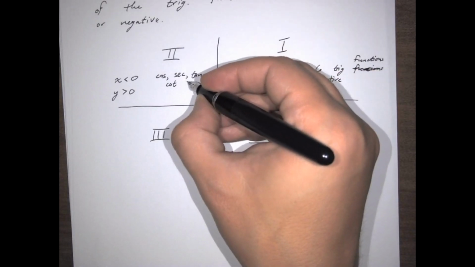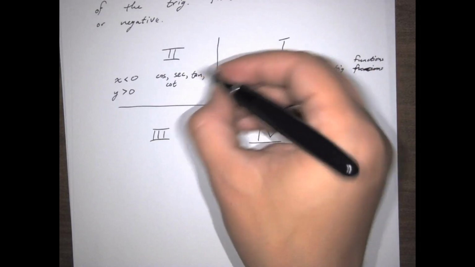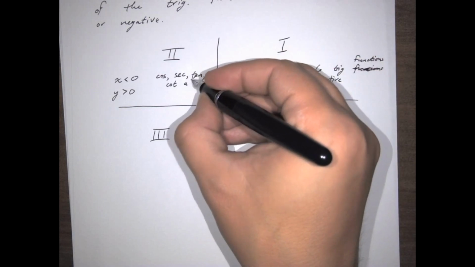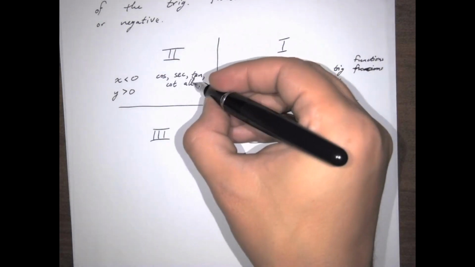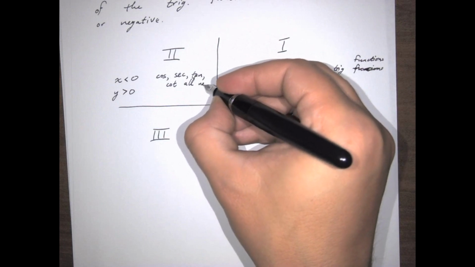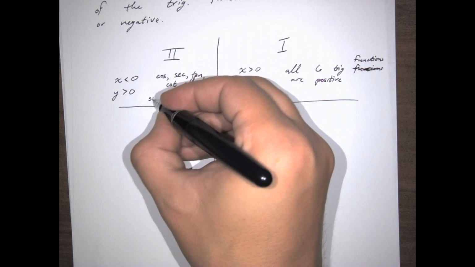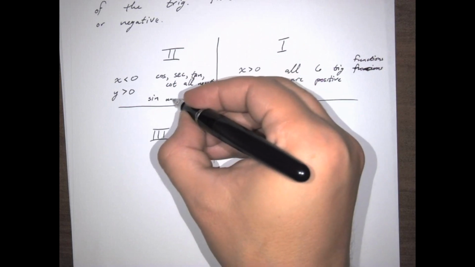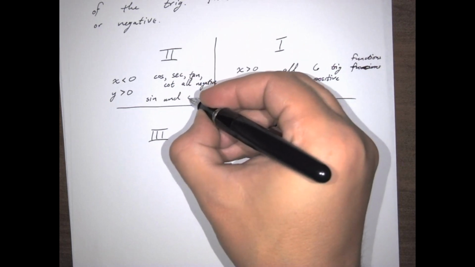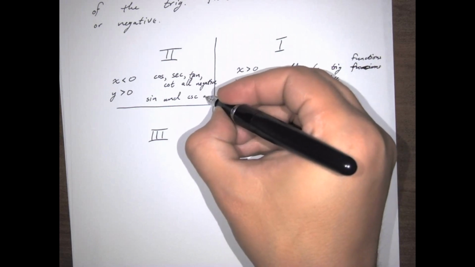So cosine, secant, tangent, cotangent are all negative, whereas sine and cosecant are positive.